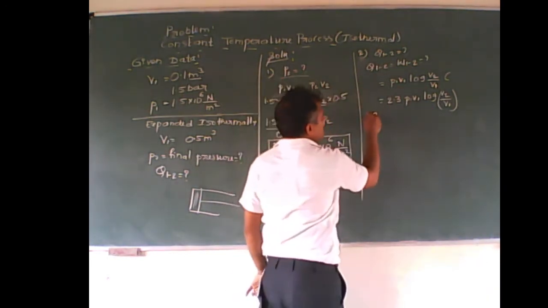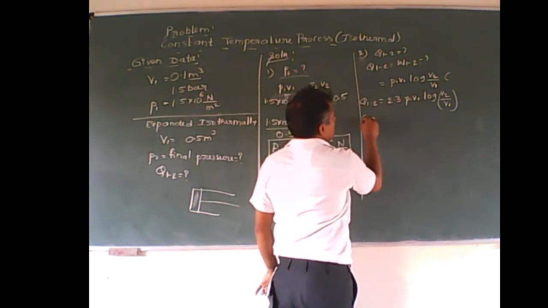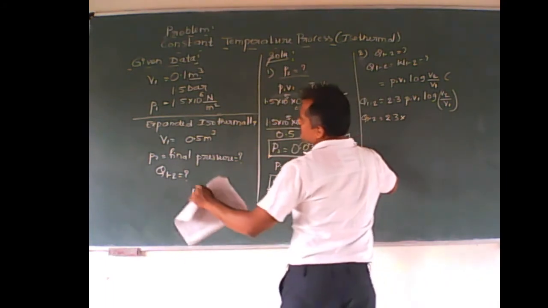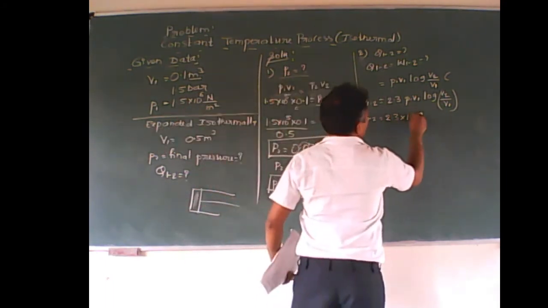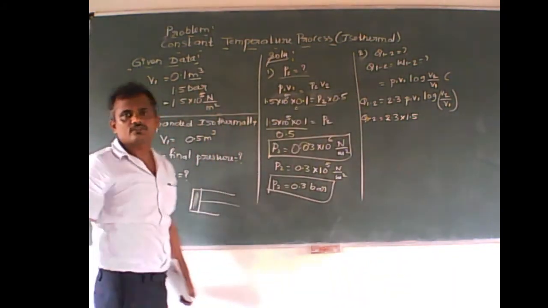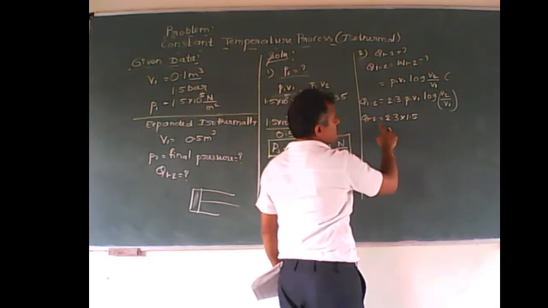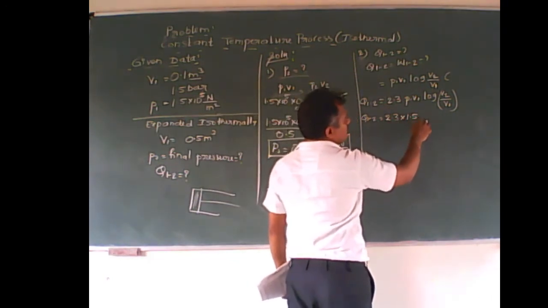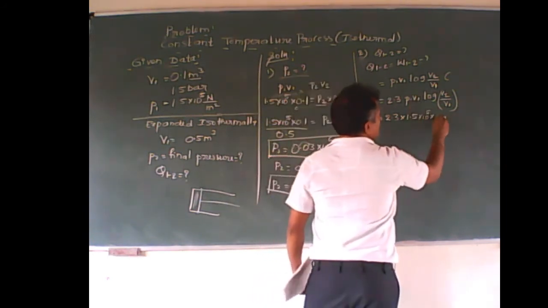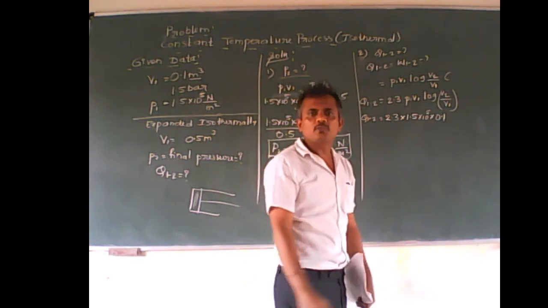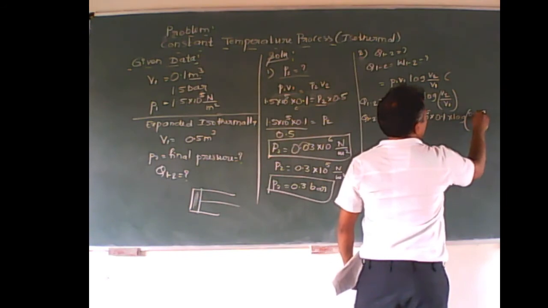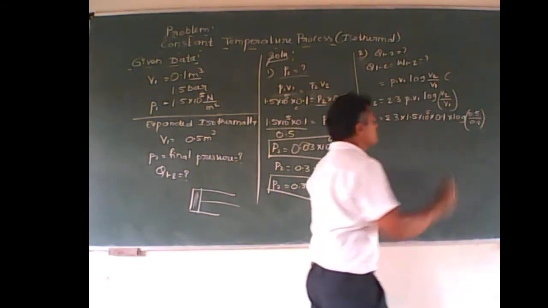Now I will substitute the values. Heat supplied 1 to 2 is equal to 2.3 into P1. How much is P1? 1.5, sorry, into 10 raised to 5. So heat supplied is equal to work done, which is 2.3 into 1.5 into 10 raised to 5 multiplied by volume 0.1, and log of 0.5 divided by 0.1.